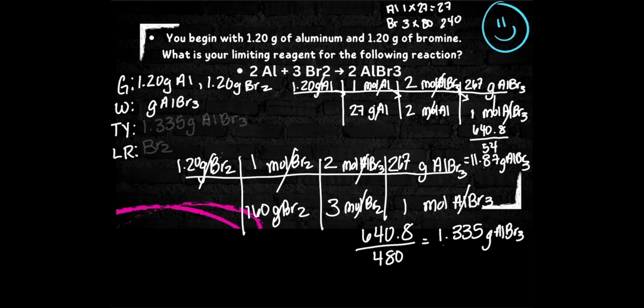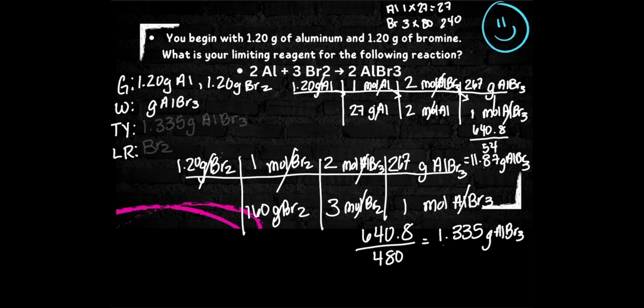This is important because now that we've done the work for the two tracks, we have to compare our answers to identify our theoretical yield and our limiting reactant. Your theoretical yield is going to be the smallest number out of the two.